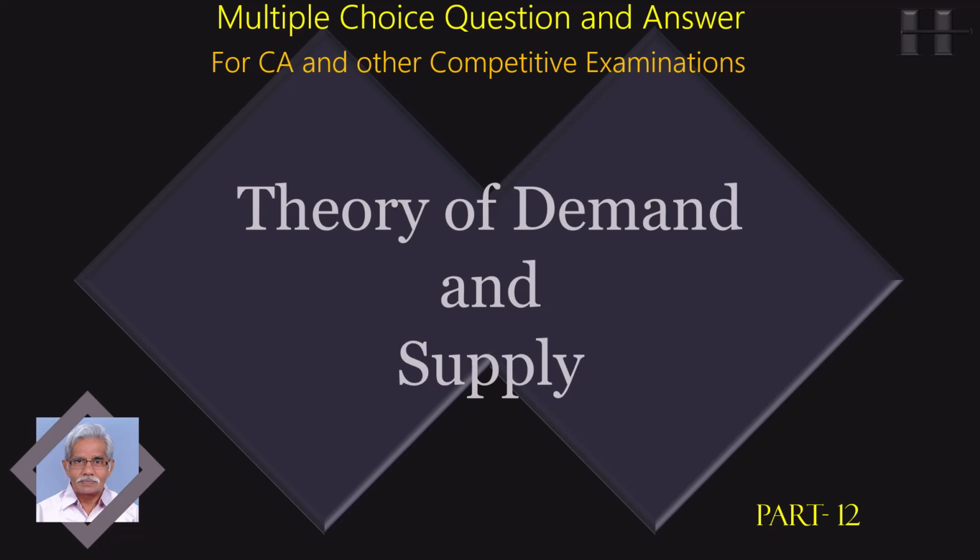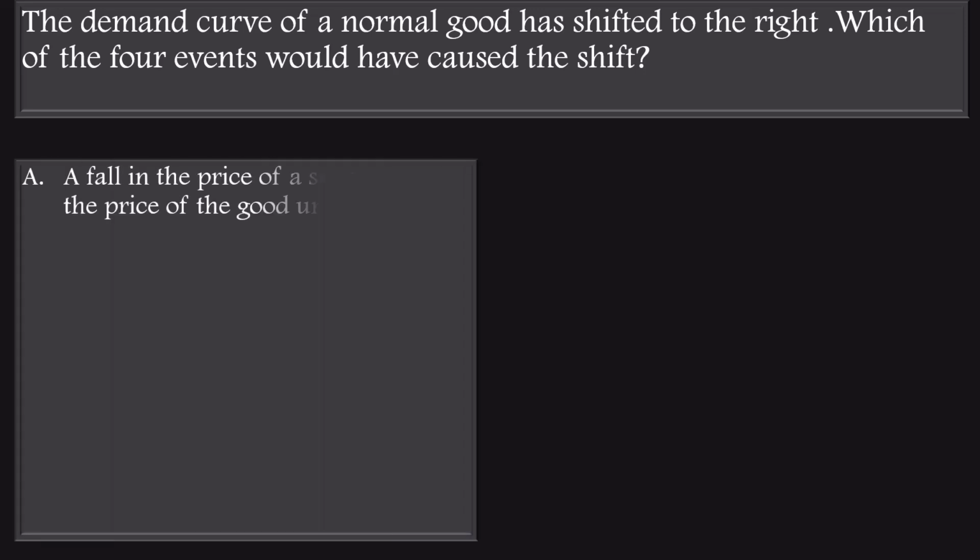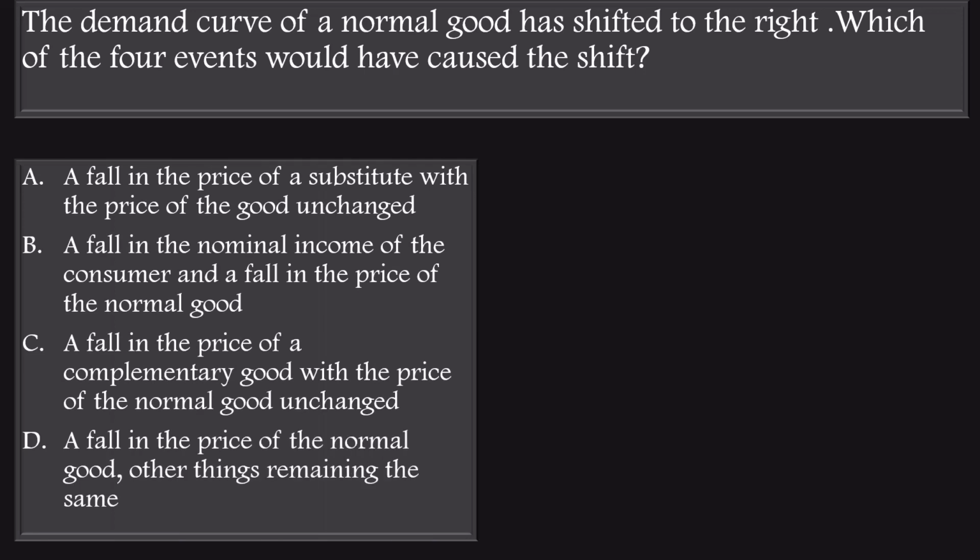Good. Let's start. First question. The demand of a normal good has shifted to right. Which of the four events would have caused the shift? Options. A. A fall in the price of a substitute with the price of the good unchanged.